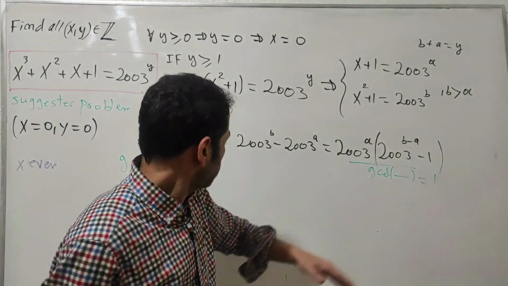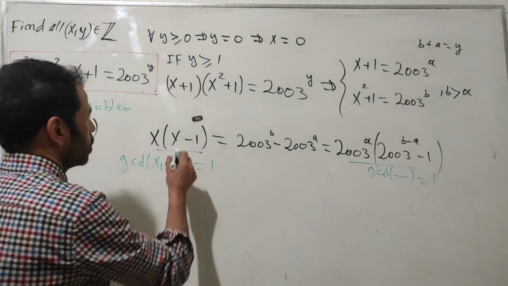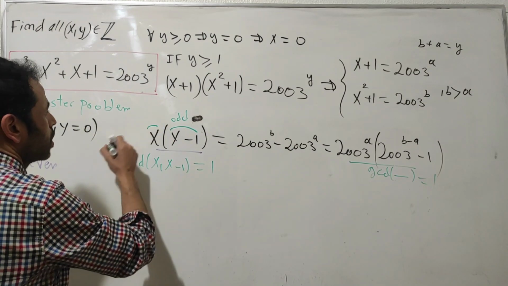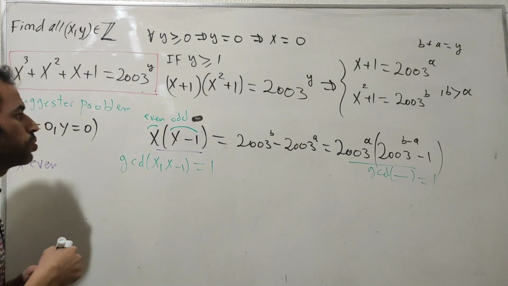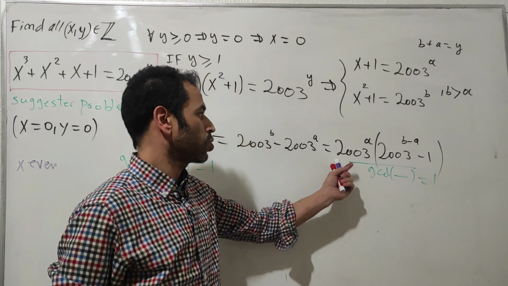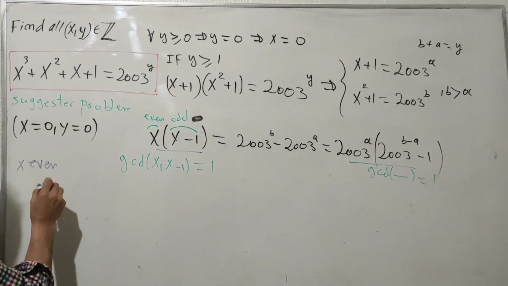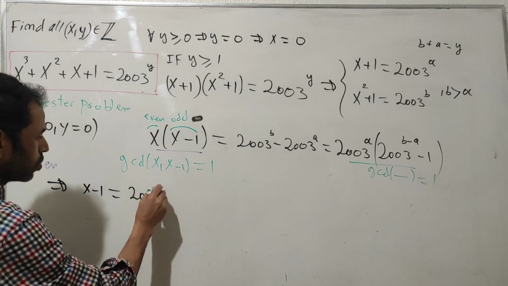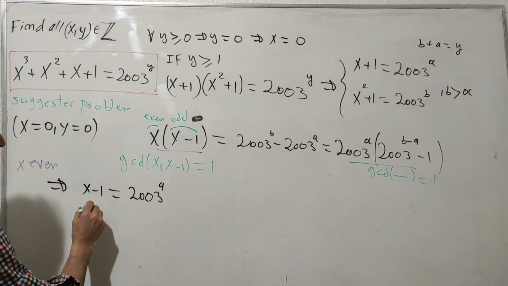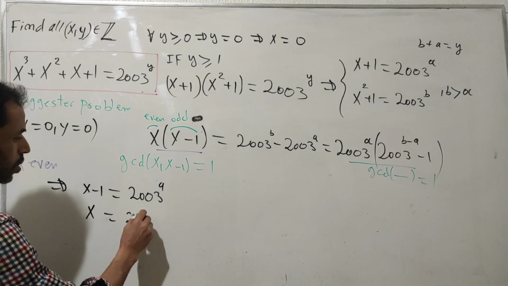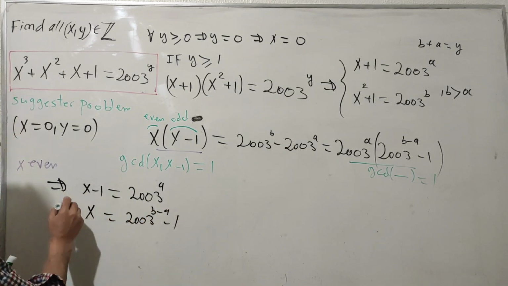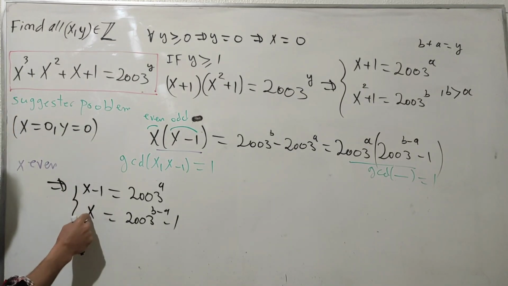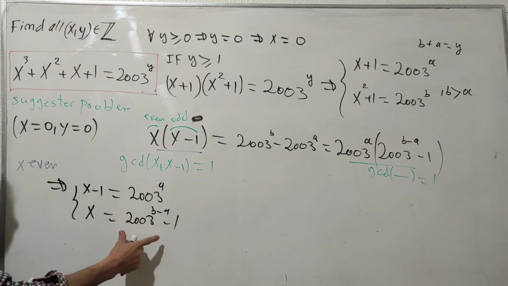Now since this one is odd, because x was even, x must be even, which means x minus 1 is going to take 2003 to the a. The other one, x, is going to take 2003 to the b minus a, minus 1, since x is even.